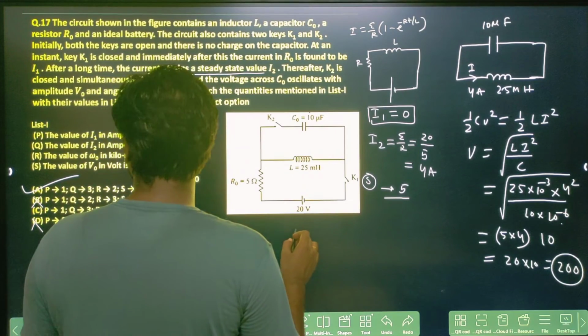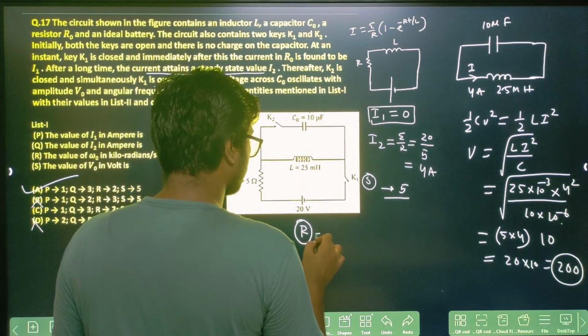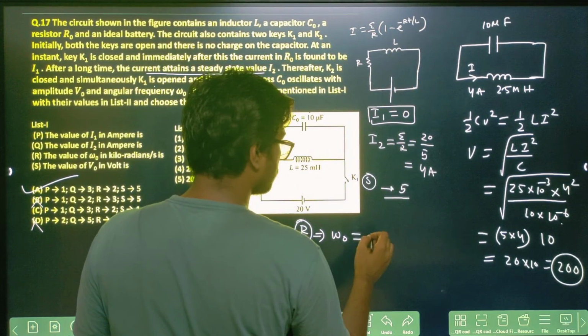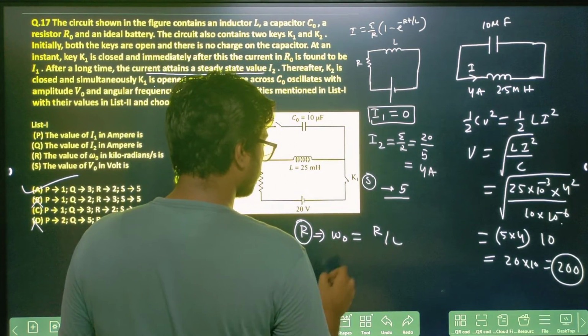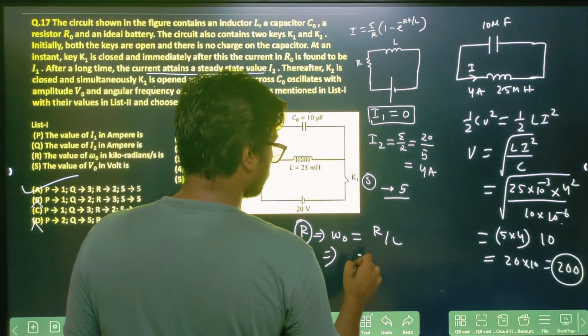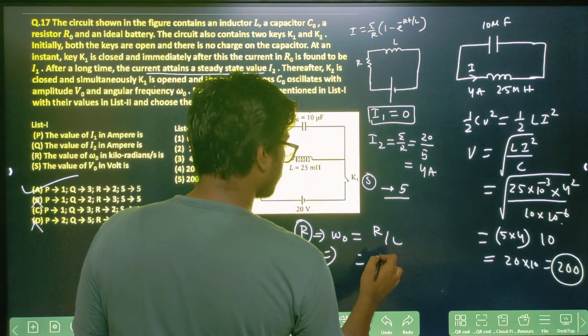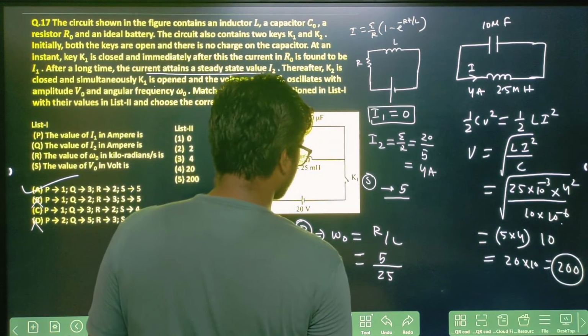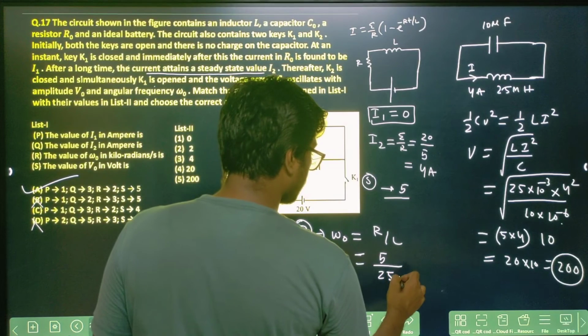If I want to find out R, omega naught will be what? You see here, R by L, so omega naught equal to R by L, right? So R will be 5 divided by L which is 25 millihenry.